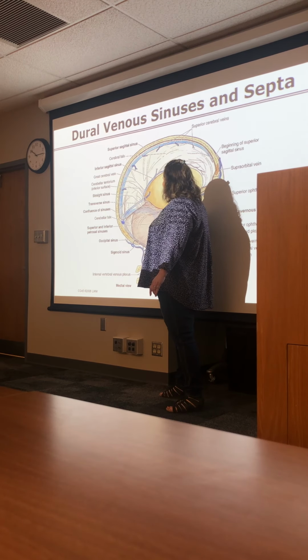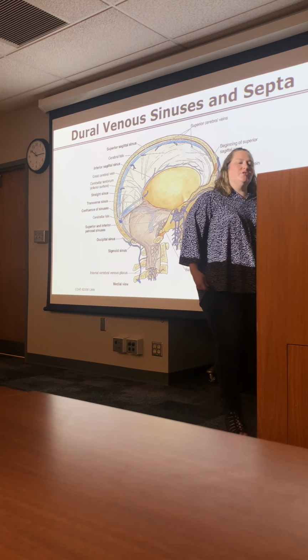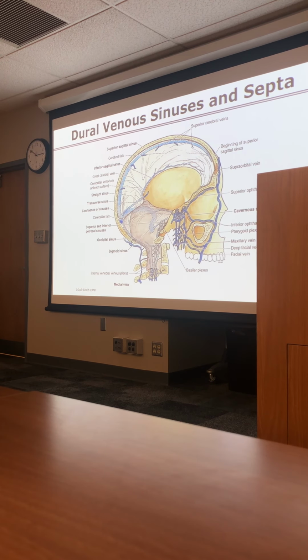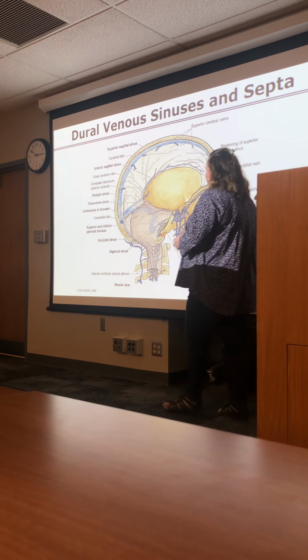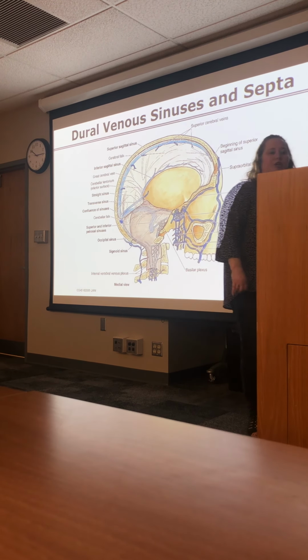The sigmoid sinus is going to enter into the jugular foramen, and when it enters the jugular foramen, it becomes the internal jugular vein.